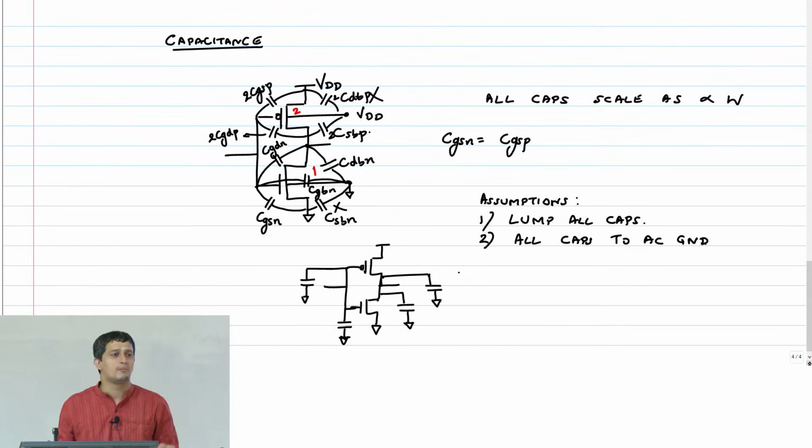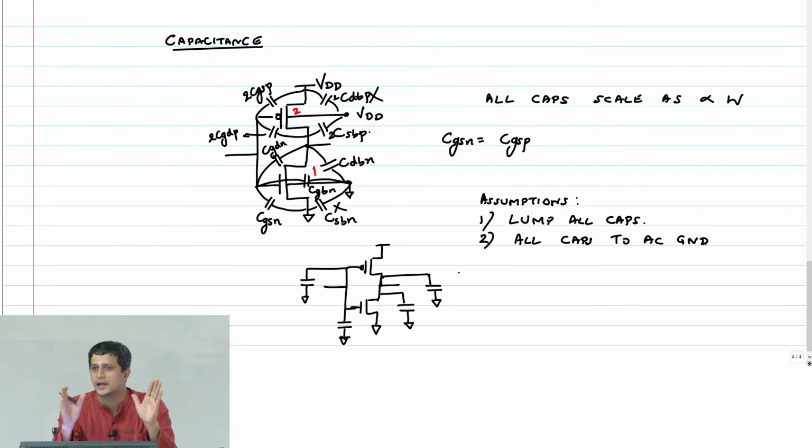Now we are going to make the biggest assumption, which will make you question why we did all those calculations in module 1. We are going to assume that the CGD and CDB are basically of equal magnitude.